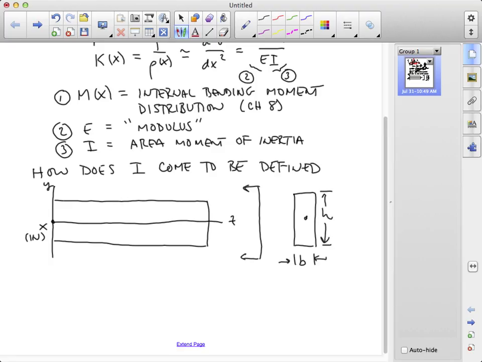In this system, you'll notice that the xy coordinate system is going to look like this on the cross-section. And that's fine, that's what we want because our attention is going to be geared towards that cross-section.